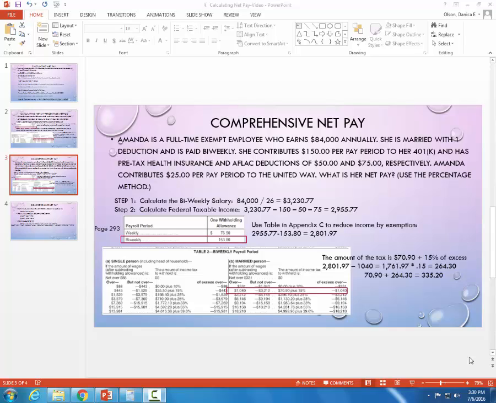To determine the excess, we take $2,801.97, subtract out $1,040 to get $1,761.97. We multiply that by 0.15 and get $264.30. Finally, we take our $70.90, add it to the $264.30 to get $335.20 as the federal tax withheld from her wages.